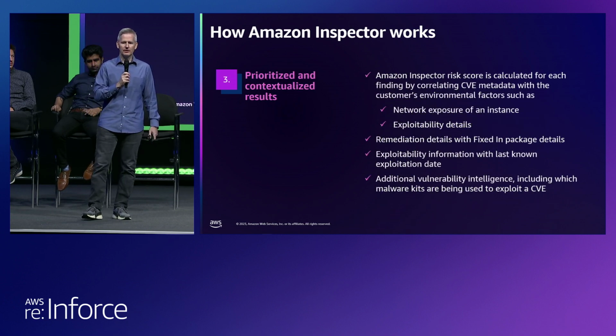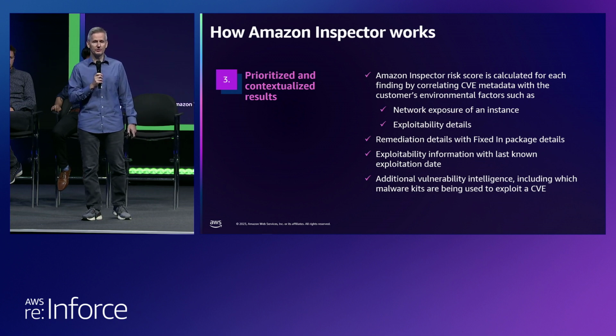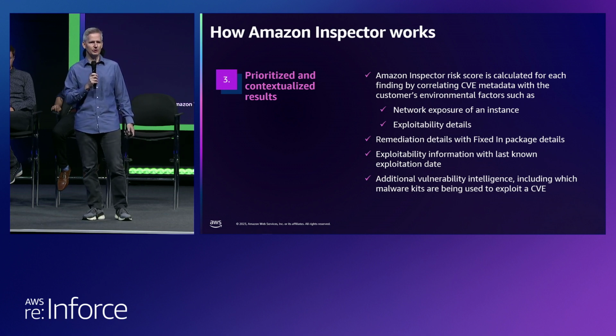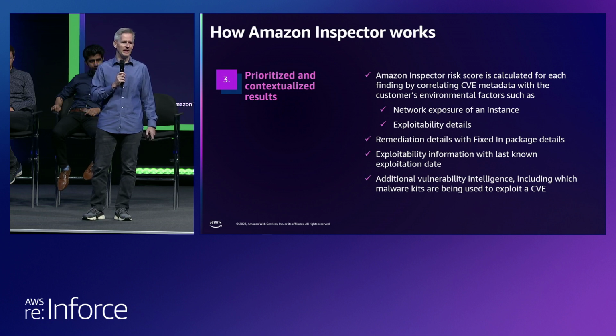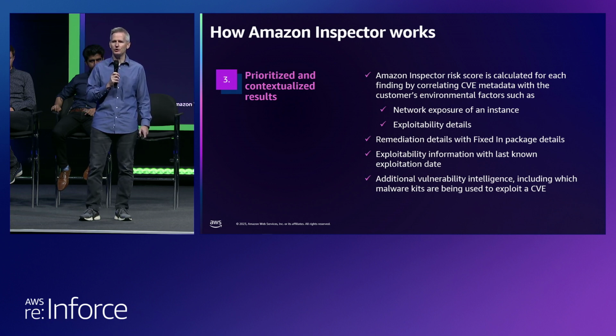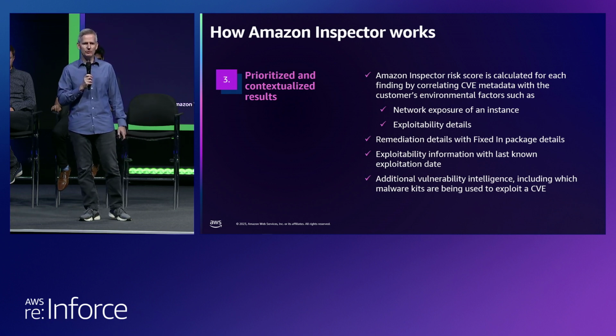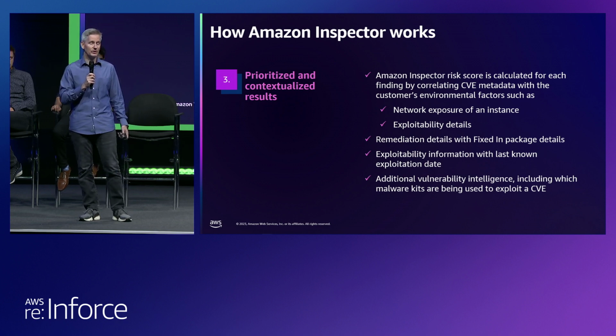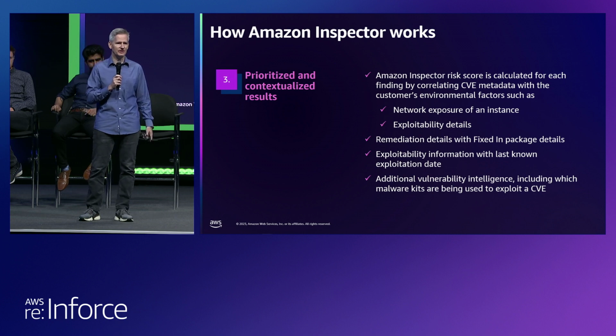And then the third pillar is the results. We want to provide results that are meaningful to you and your environment. So we provide a risk score that tells you, is this the most important thing in your environment? Is this the thing you should be focused on? And we do that by looking at the configuration of your environment. So we look at your EC2 instances and say, is this instance accessible from the internet?